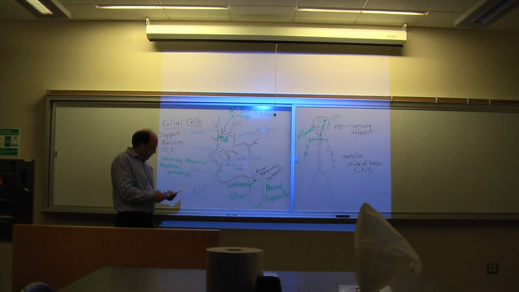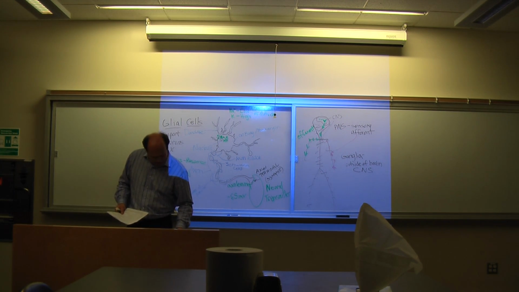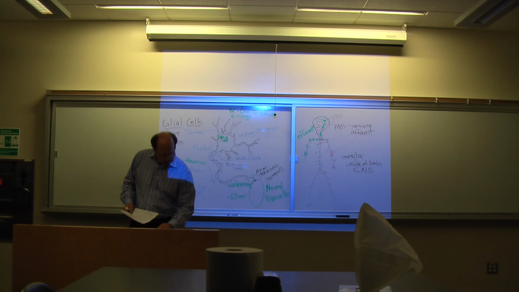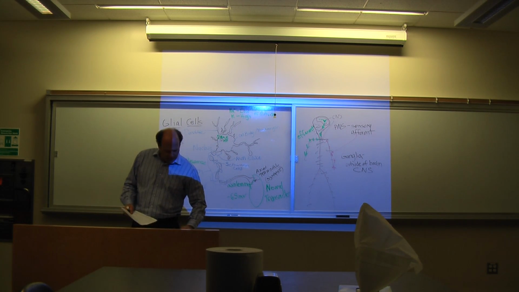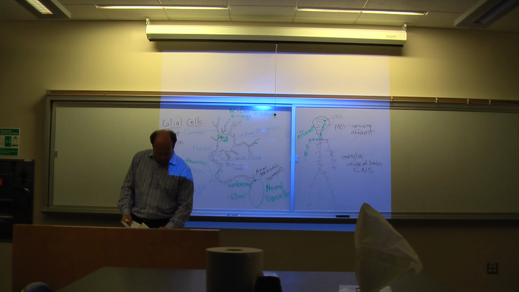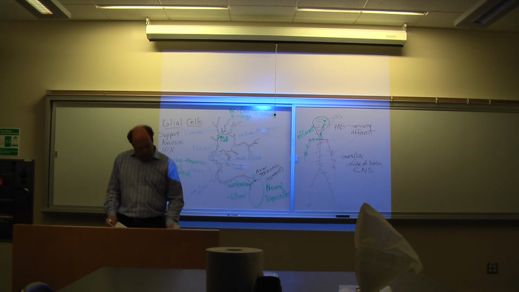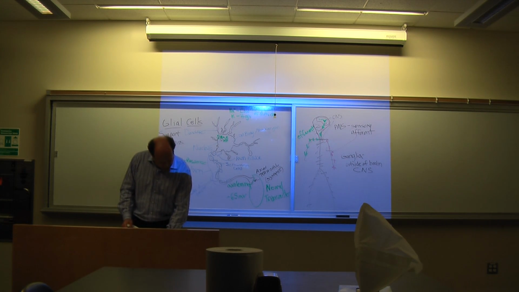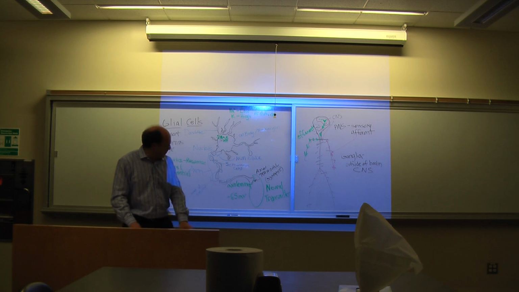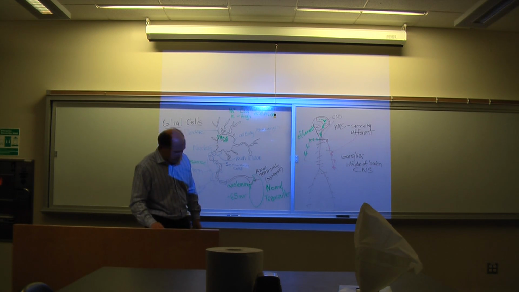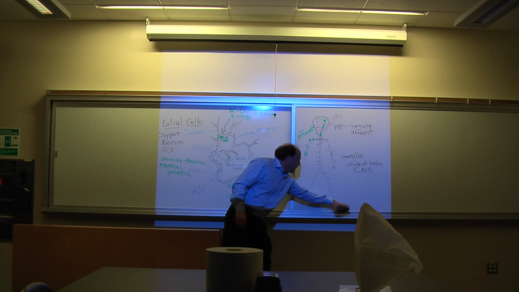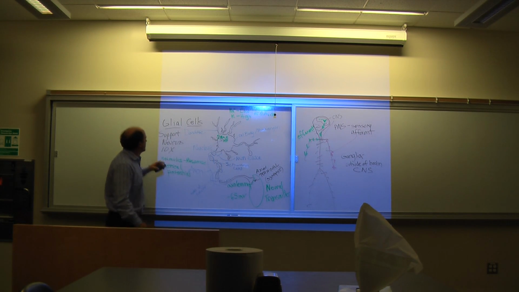Okay, so boy, there's a lot of material here. There's a diagram here on the development of the nervous system, and I think it's okay in this case to look at that because it is such a unique system.